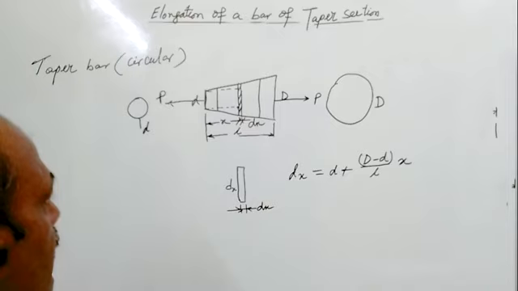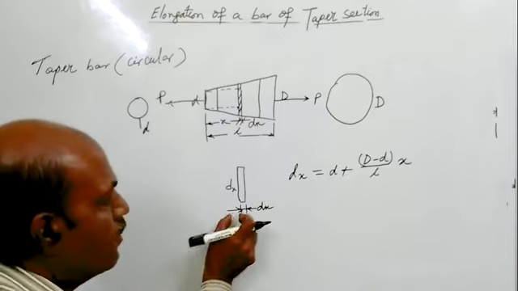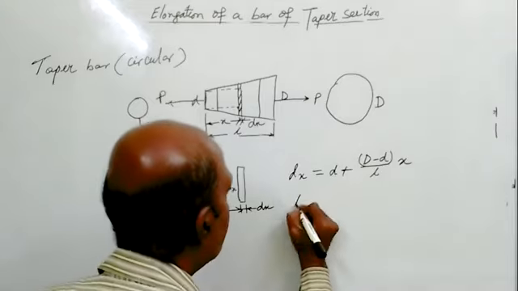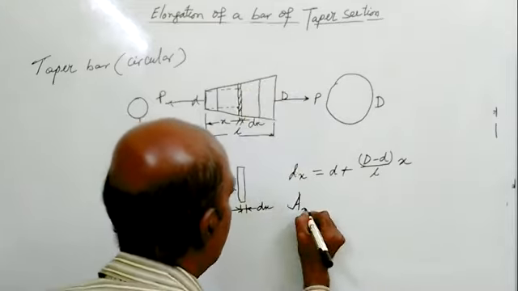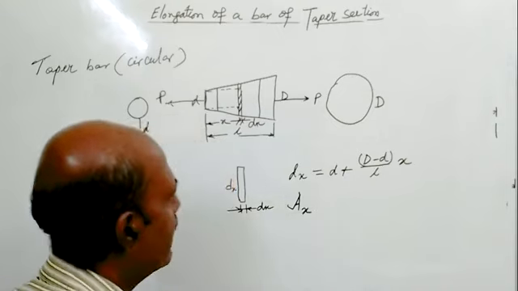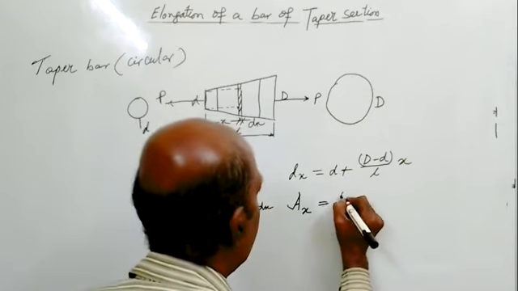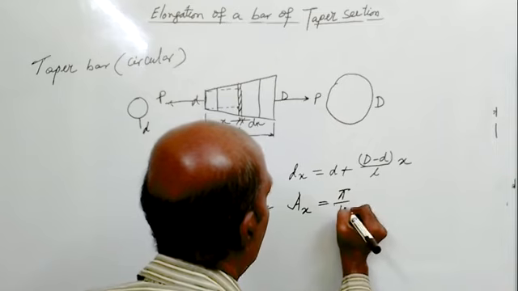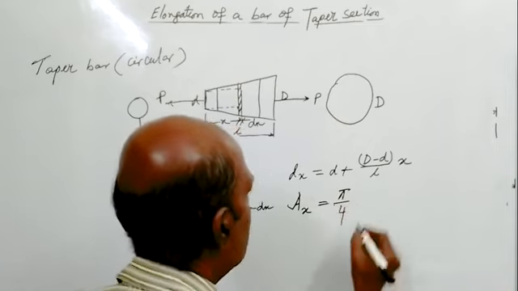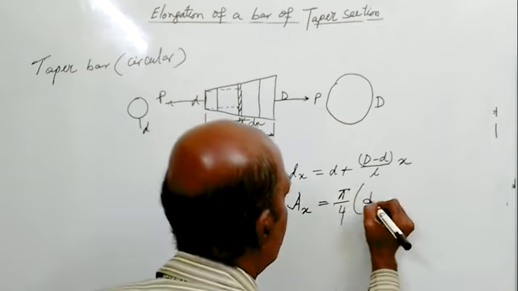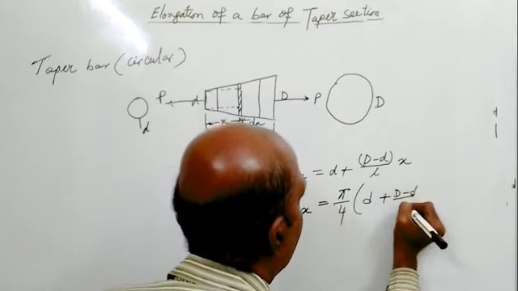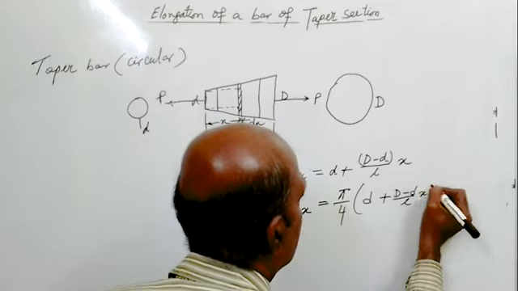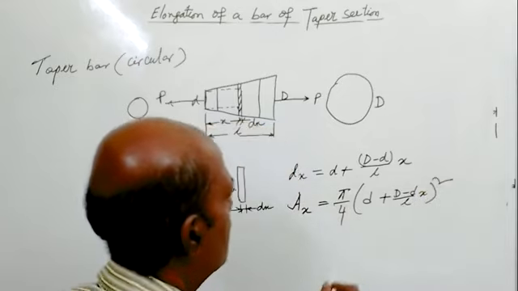So we have got the diameter of the element and the length of the element. Now, what is the area of the cross section of this element? Denoted by Ax, it is given by pi by 4 into d squared, that is, pi by 4 into (d plus (capital D minus small d) by L into x) whole squared.